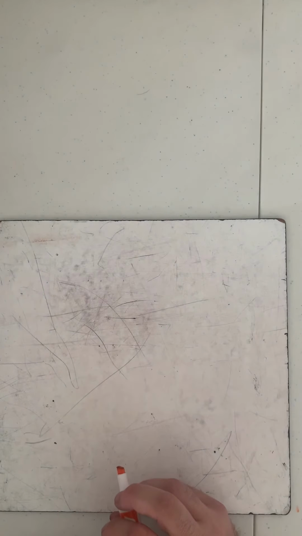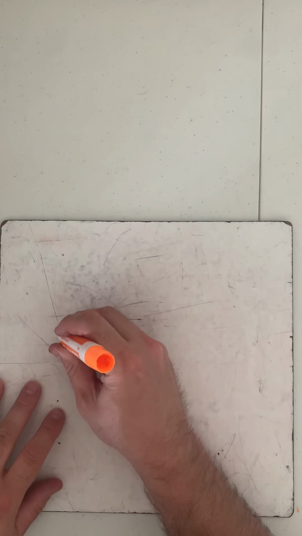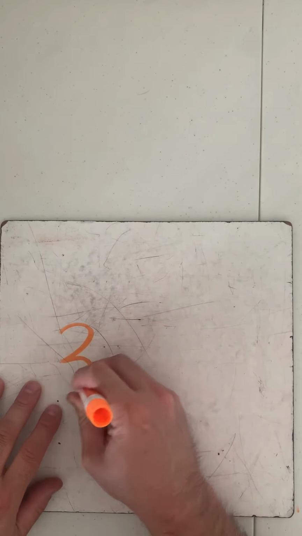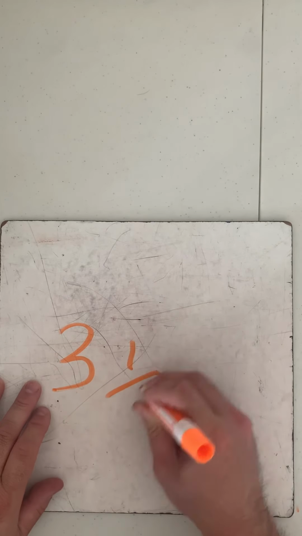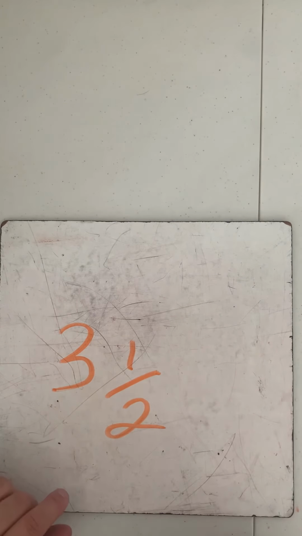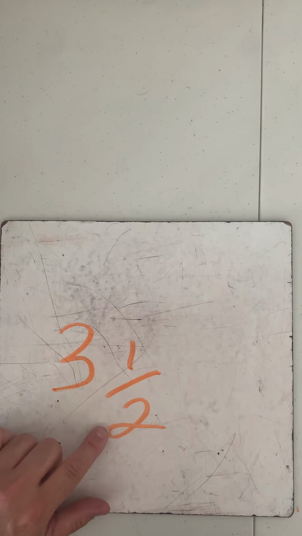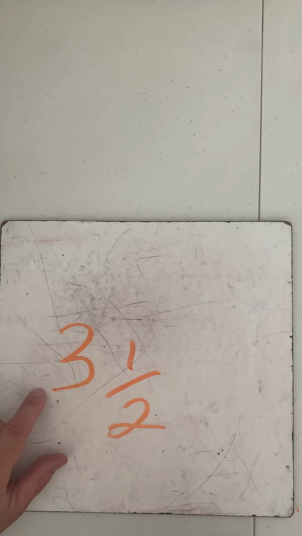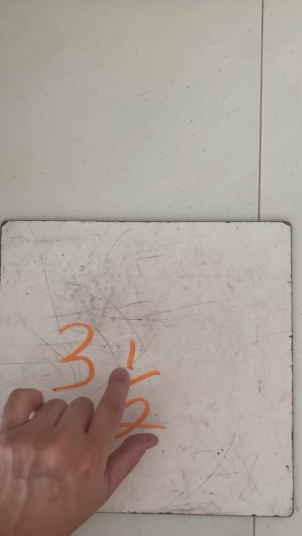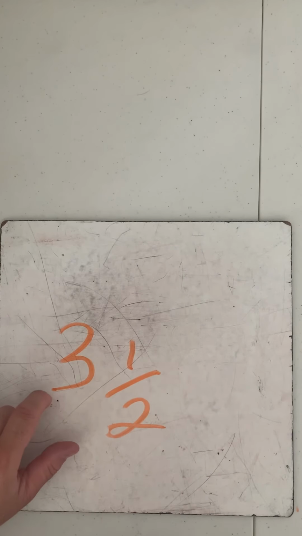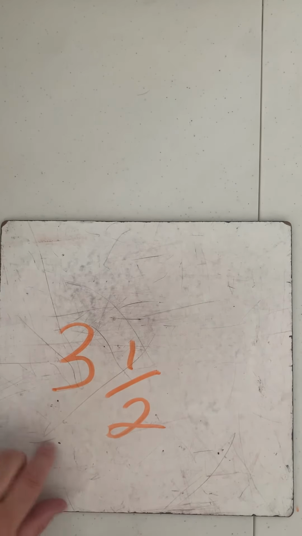The last piece I want to show you is when you have mixed numbers. I don't want anyone to panic. First things first, here's an example: 3 1/2. We take the denominator, multiply it by the whole number, and add the numerator. 3 times 2 is 6, plus 1 is 7/2.